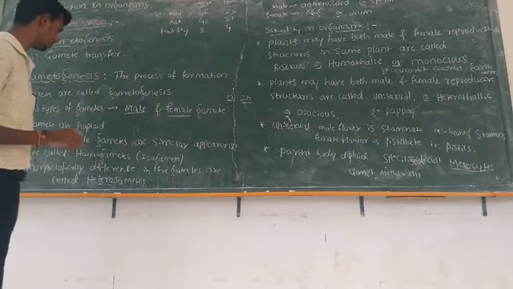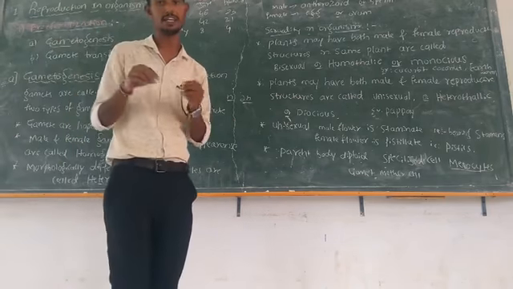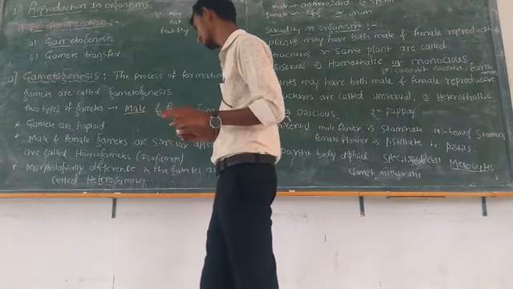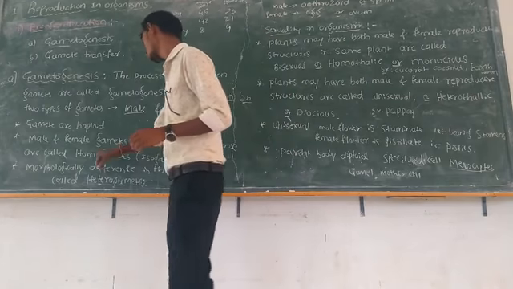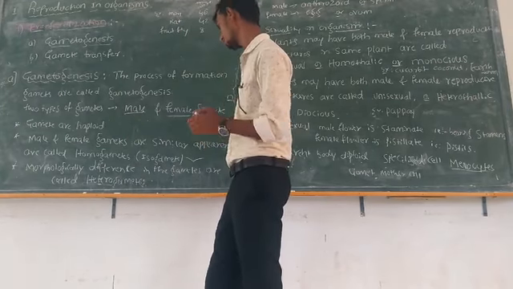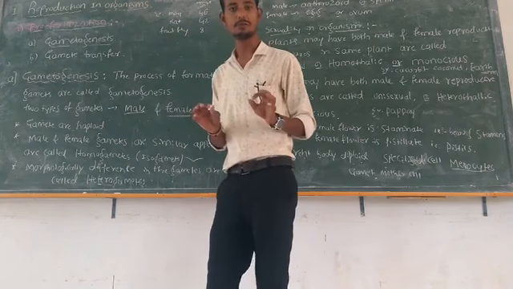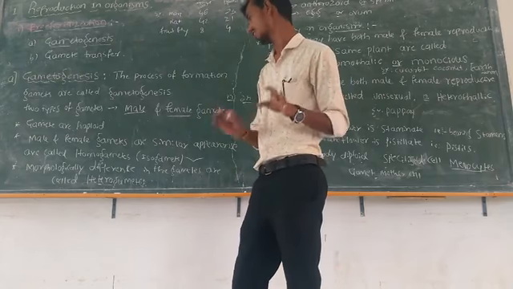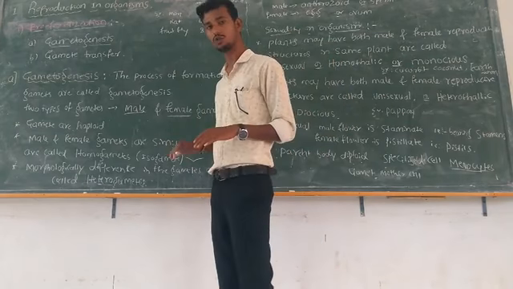Male and female gametes that have a similar appearance are called homogametes or isogametes. Similar appearance gametes are called homogametes or isogametes.